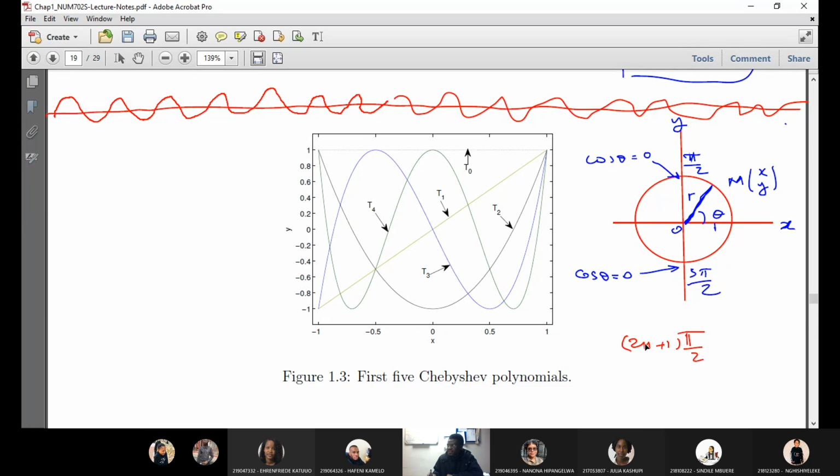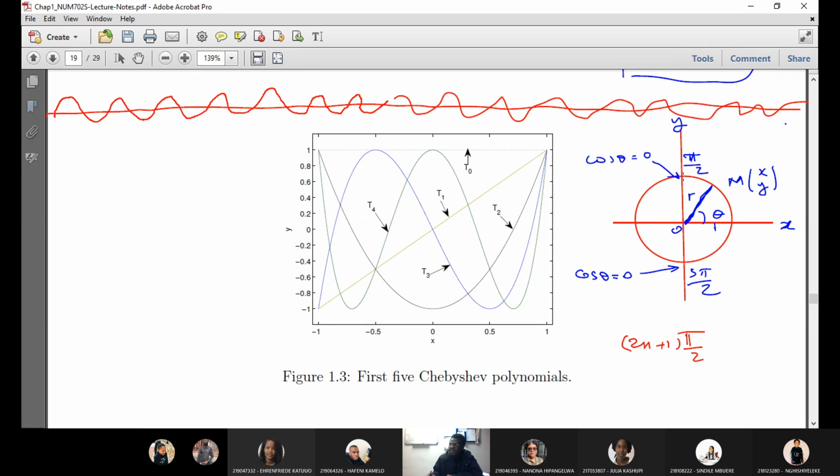So if I take n equal to 0, it gives me pi by 2. When n is equal to 1, it will be 2 plus 1, 3, then I'm here, 3 pi by 2. Now, the next time I reach here, I will add pi to this value. Remember, the angle from here to there is pi, and from here to here, I add another pi.